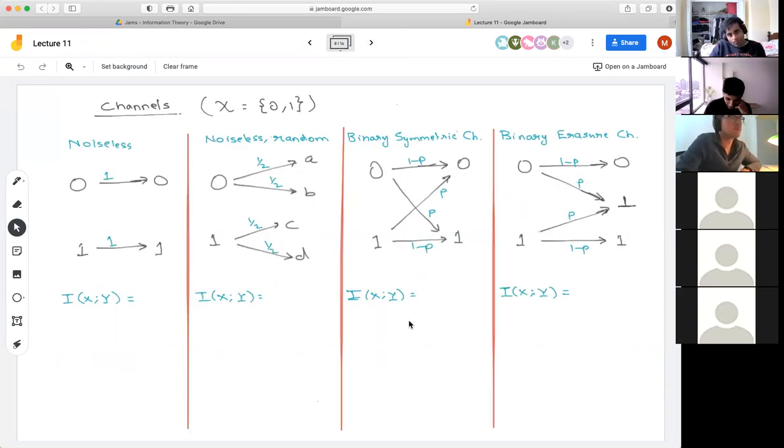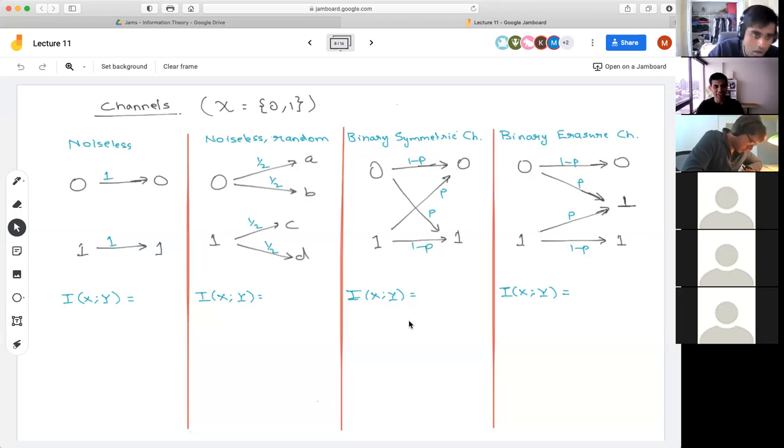Okay, so let's look at some examples of channels. Let's say the channel is perfect. There is no noise. In all of these examples, what we are trying to send is a sequence of bits. So each channel use will try to send either a 0 or 1.